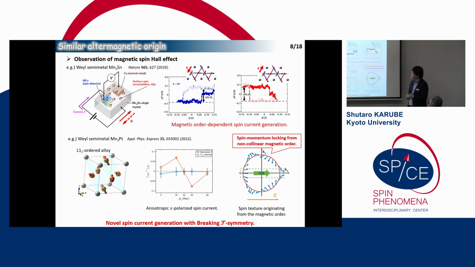Furthermore, our group also found anisotropic x-polarized spin current in the manganese platinum alloys, originating from the spin momentum locking from the non-collinear magnetic order. So this is also a novel spin current generation with breaking time reversal symmetry. And so this is kind of the family of maybe the altermagnetism.